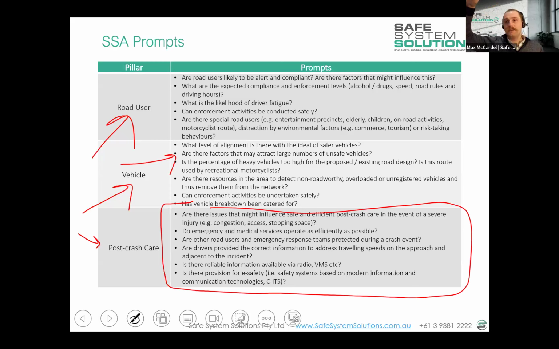So one of the recommendations was, well, the post-crash care is quite poor. It would basically take hours for an ambulance to attend the site. So could we instead look at strategically placing some helipads to get Medivac in there to have some of those situations reduced? So that's where you could be thinking outside the box.